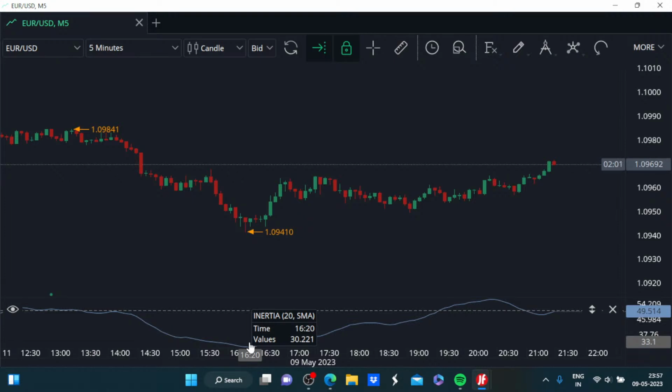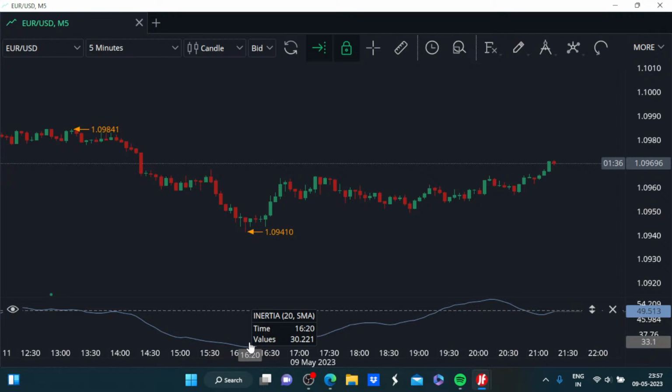You will have to go for observations over a long period of time and see how the price action and the inertia correlate, how you can go for the optimum trading decisions using this indicator, which is quite good, which is quite responsive, and at the same time, it will also be generating some false signals.